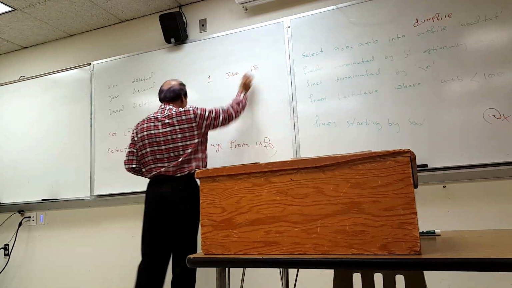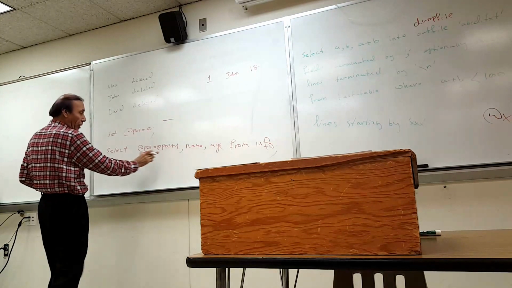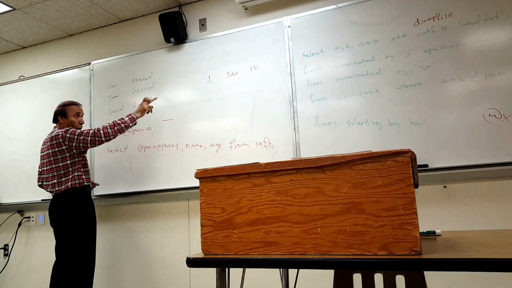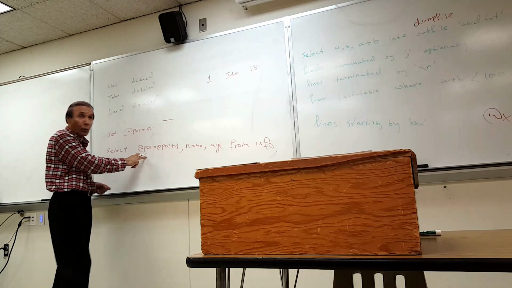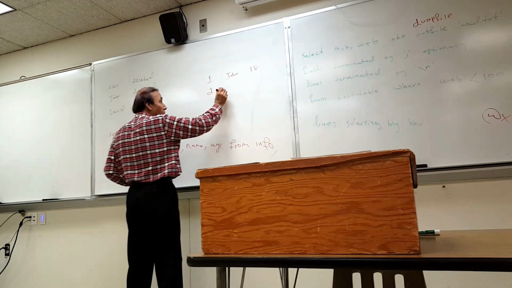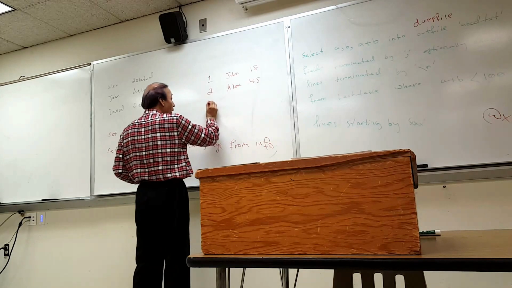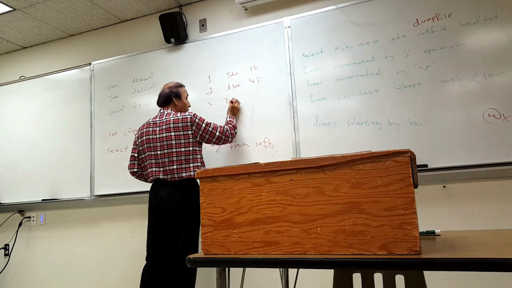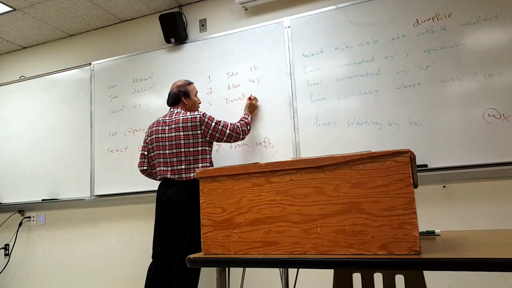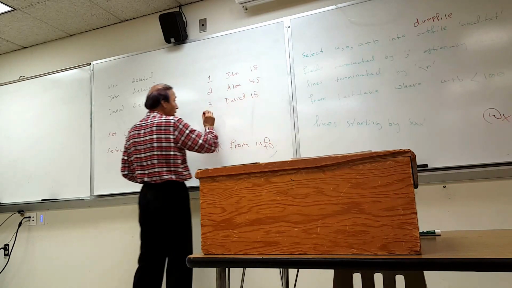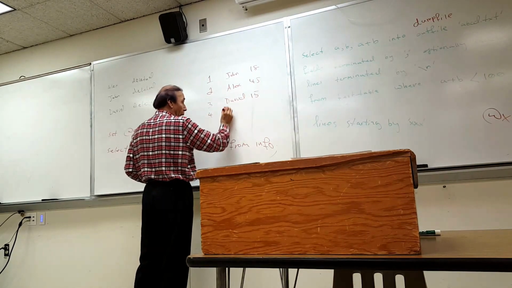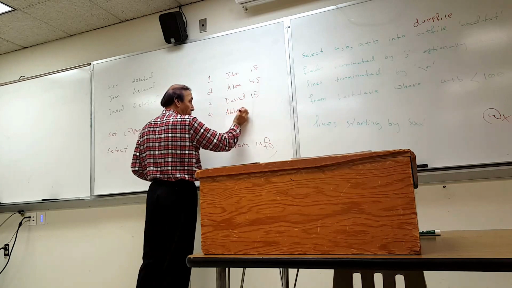followed by 18. Next record, it was 1, now 1 plus 1 is going to be 2. So 2, Alex, 45, 3, David, for example, 15, 4, Abbas, 85.